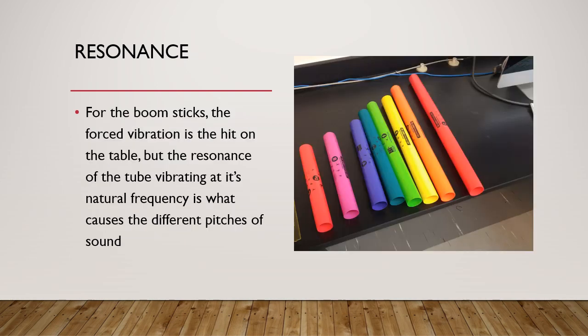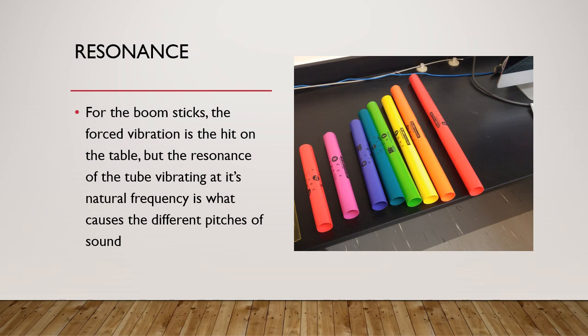These, you might have played with these before. We'll see these in the demos in the next class. We're going to use these things, boomwhackers here. The forced vibration is the hit on the table, but the resonance of the air inside is the fact that after the tube hits, it's going to start vibrating at its natural frequency. So each of those tubes, even though I hit them the exact same on a table, they're going to vibrate at a different frequency and generate a different pitch of sound.